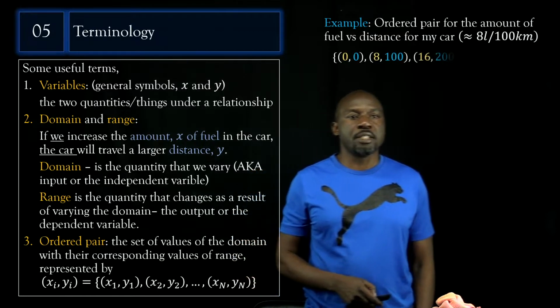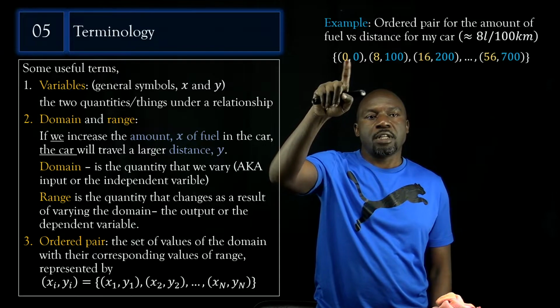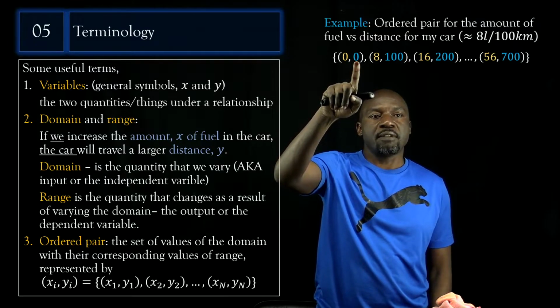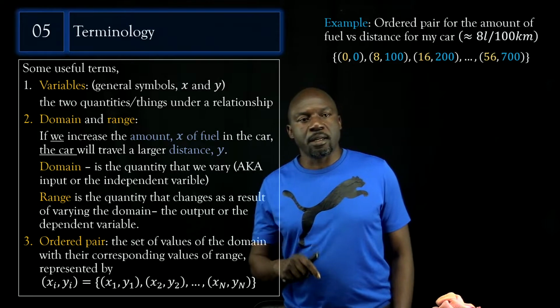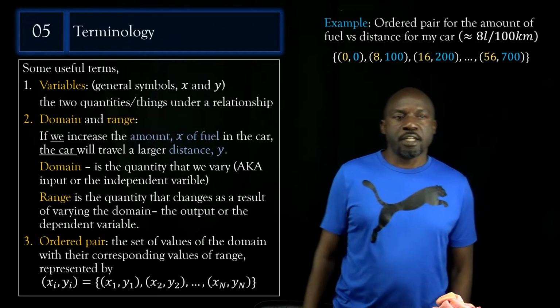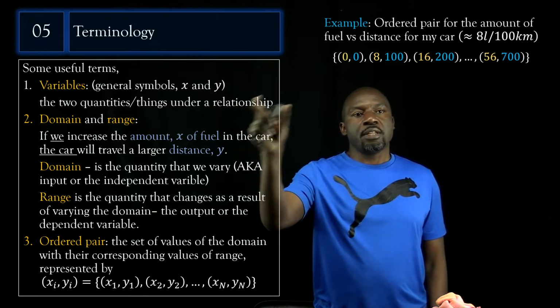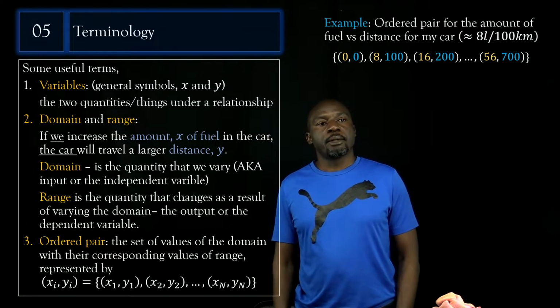That means if I put in 0 fuel, it gives me no distance. I can't drive the car anywhere. If I put in 8 liters, I can go 100 kilometers. If I put in 16, which is double the 8, it doubles the distance as well. So this is what we would refer to as an ordered pair. Okay?